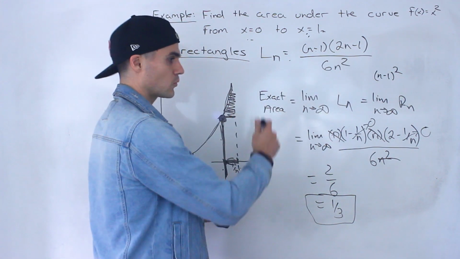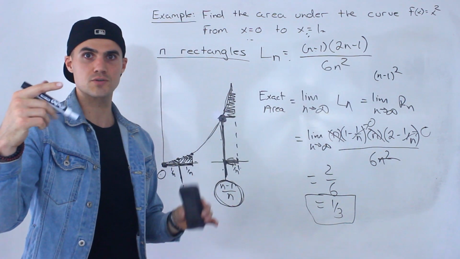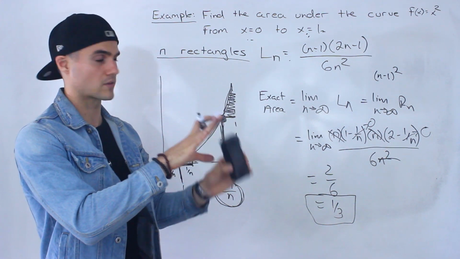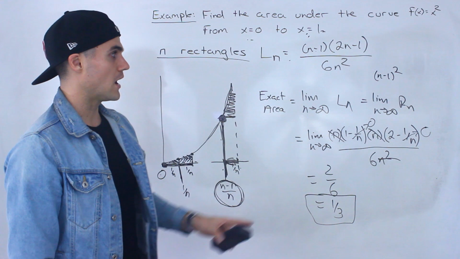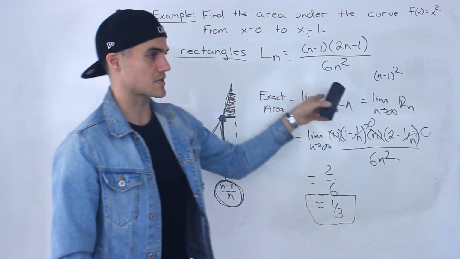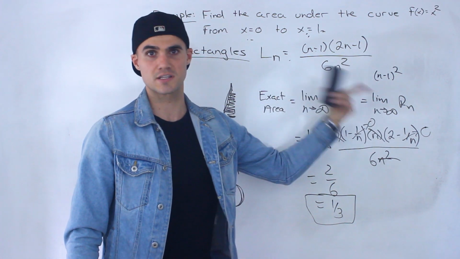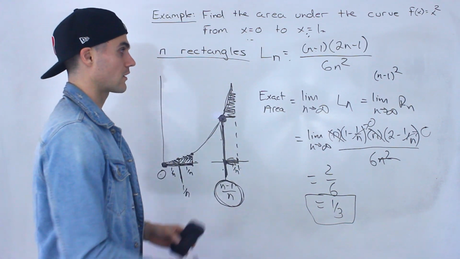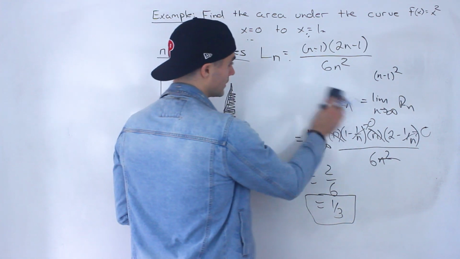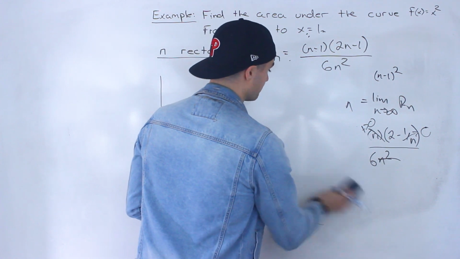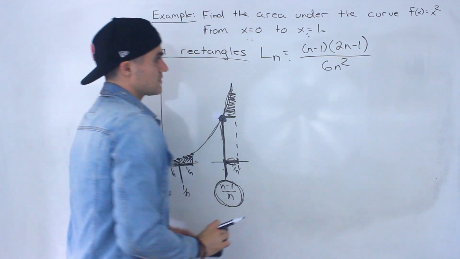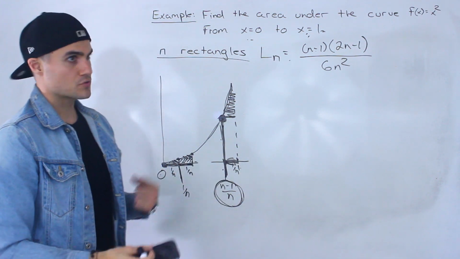Because for Rn, it was just 1 squared plus 2 squared all the way to n squared, and we could just plug in that formula in terms of n. But because for Ln it was up to n minus 1 squared, we had to adjust that formula. So I feel like Rn is easier to deal with, but you're going to have to know how to deal with both.